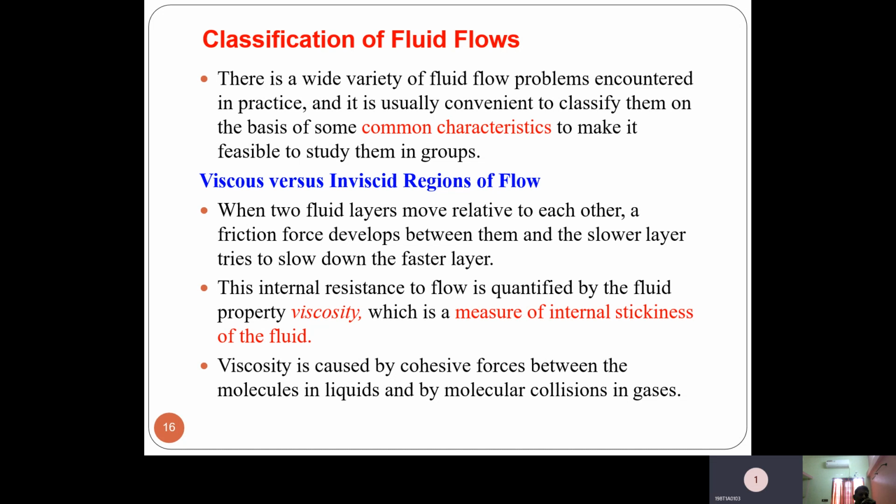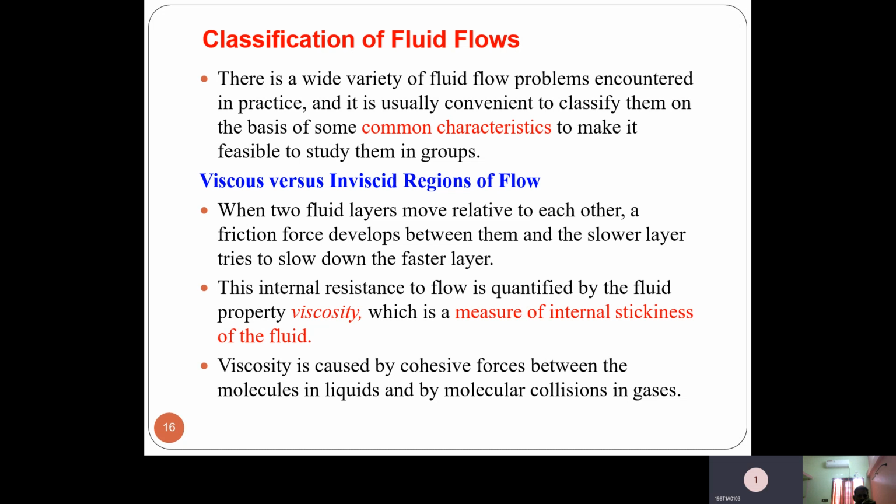In these layers, each layer experiences resistance from the adjacent two layers. So each layer tries to reduce the velocity of the other layers. When fluid layers move relative to each other, a frictional force develops between them, and the slower layer tries to slow down the faster layer.